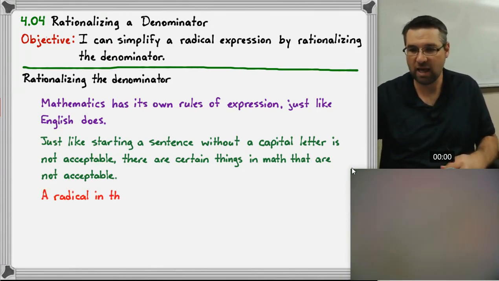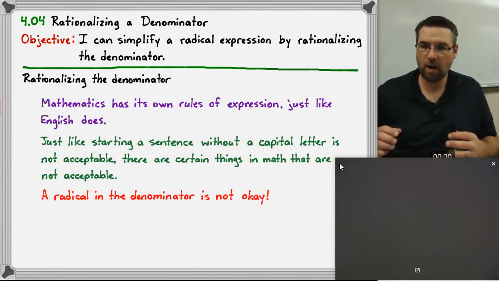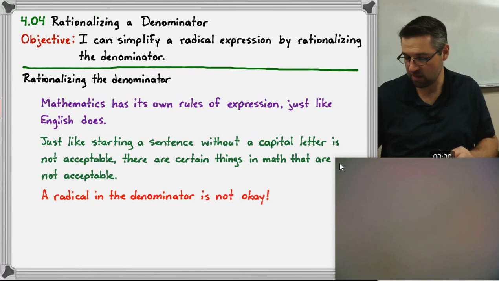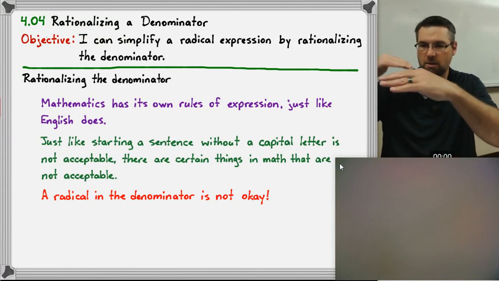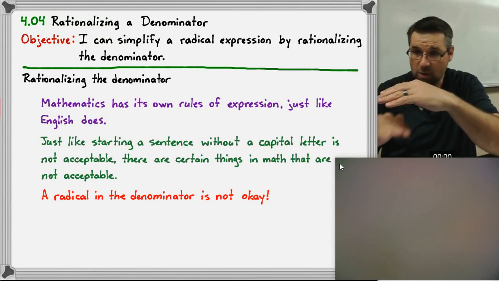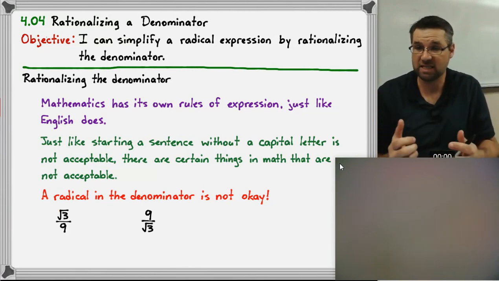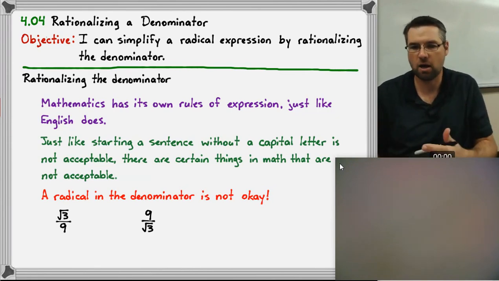And that is when the denominator has a radical in it. That is not an okay thing. If the denominator, remember, the denominator is the number on the bottom of a fraction, if that number is a radical in any way, that's not okay. And so our focus today is how to fix that, or how to make it so that the radical is not on the bottom.